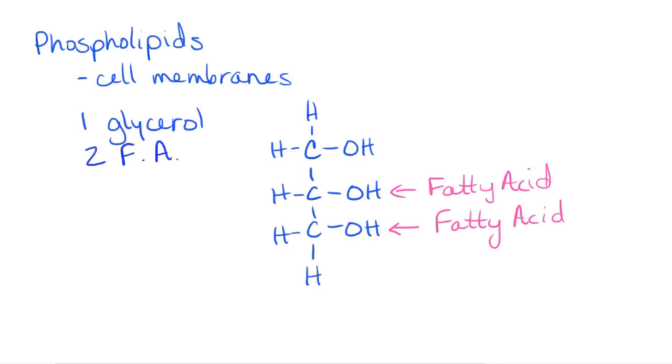And then the other component that we're going to get is one phosphate group. And the phosphate group is going to get attached at the 3rd position up here. So I'm going to write that in like this. So once all of this is put together, we will have that structure called the phospholipid.